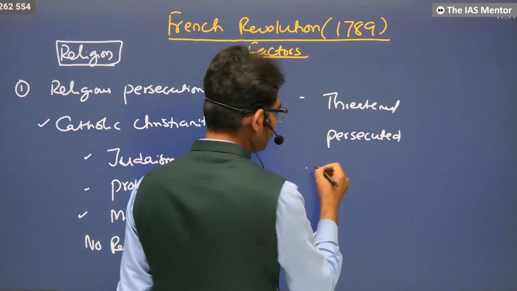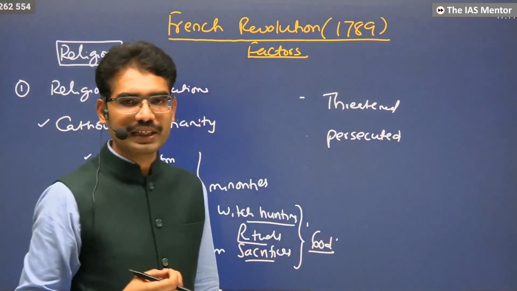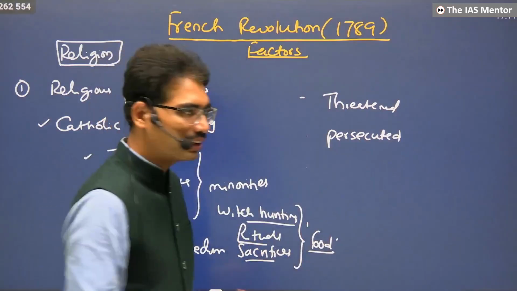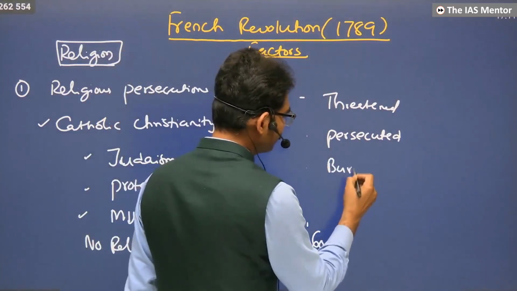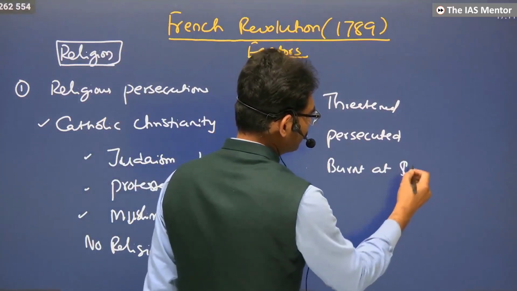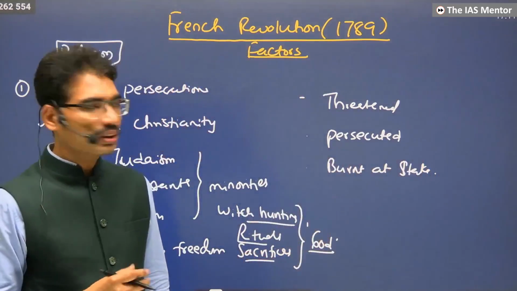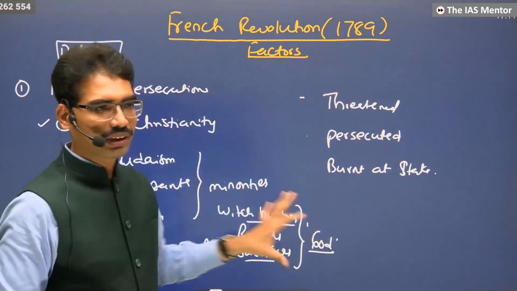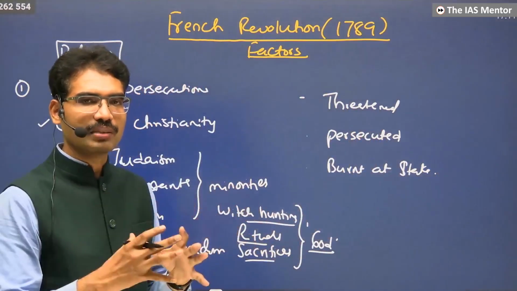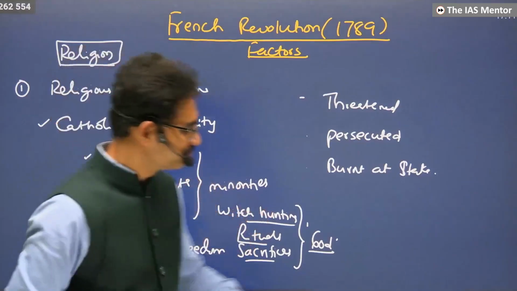If someone makes a rational or scientific argument, they are threatened, chased, and burnt at the stake, publicly burnt in front of the church. When this kind of society exists, one day the grievance among the people is going to burst out.